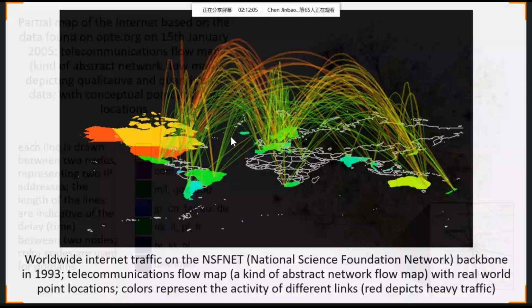Each line is drawn between two nodes representing two IP addresses, as you see in the enlargement. The length of the lines is indicative of the delay, the time between two nodes. So if the line is longer, it takes more time to send information back and forth along this line. Color codes are used for domains, and these domains are visualized in this depiction.